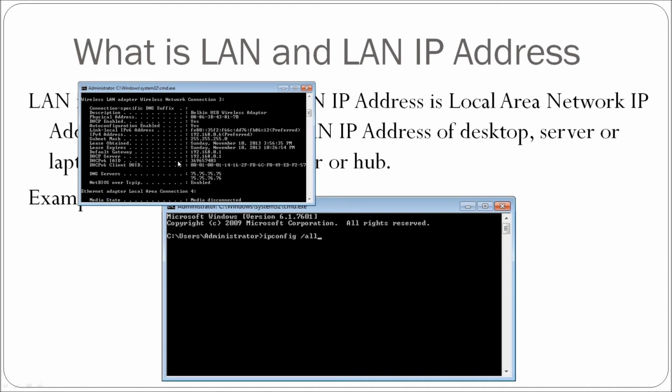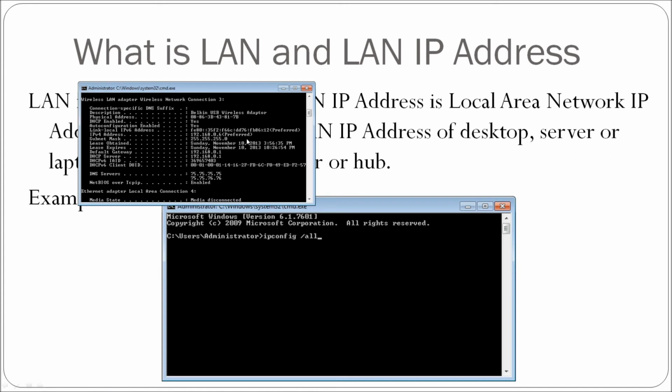Just go ahead and look at the default gateway. What is the default gateway? The default gateway will be the router, and it is the LAN IP address, or local area network IP address, for the router. In our case it's 192.168.0.1. So this is the IP address of the router, okay.